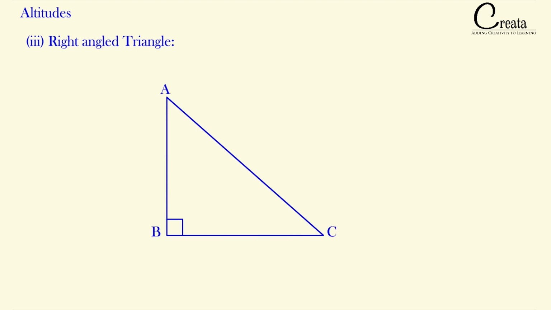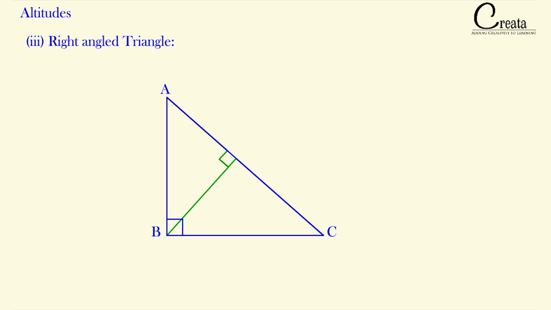Let's move to our next case, that is a right angle triangle. Let's try to draw the altitudes for the three sides. First of all, let's take the hypotenuse. This line segment will be the altitude. This line segment is perpendicular as well as touching the vertex of the triangle. Further, these are the two legs of the triangle. Let's try to draw the altitudes for these legs.